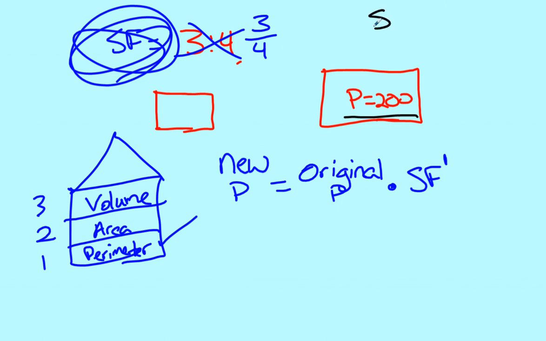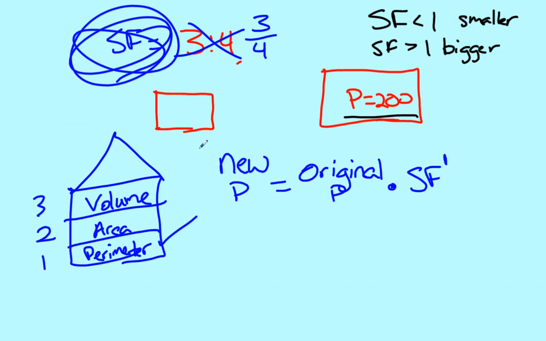If the scale factor is less than 1, it gets smaller. Conversely, if the scale factor is greater than 1, it gets bigger.